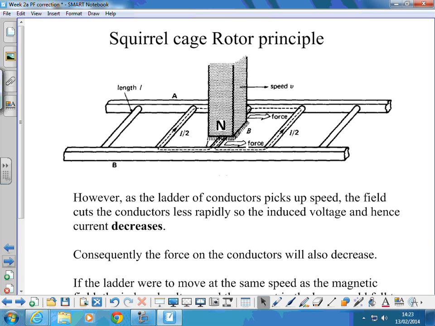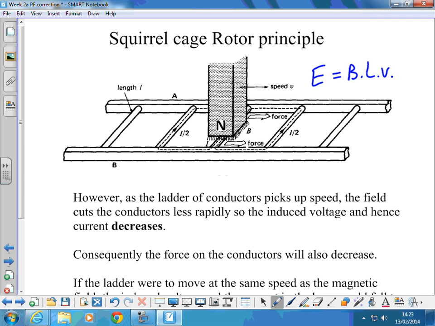However, as the ladder of conductors picks up speed, the field would be cutting the conductors less rapidly. Remember that formula, E is equal to BLV. The size of E depends on how much faster, in this case, the magnet is moving than the ladder is.